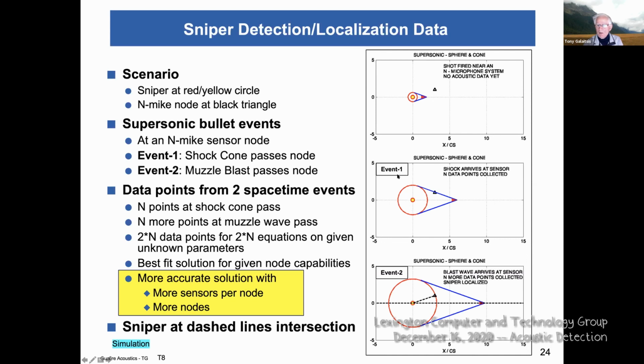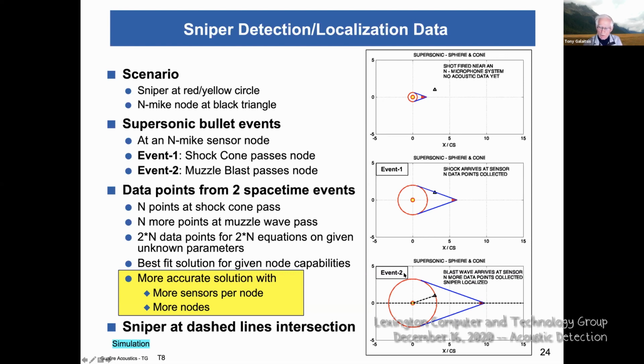In the second one, we have event 1, where, again, the sniper is here, but now the shock wave has gone past the array. Therefore, each one of the individual microphones on it has acquired something at time T1 corresponding to the passage of this cone past the sensor.